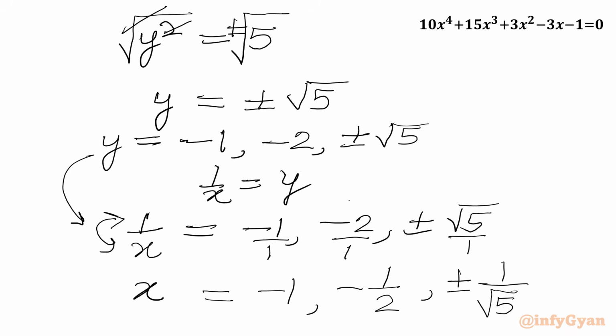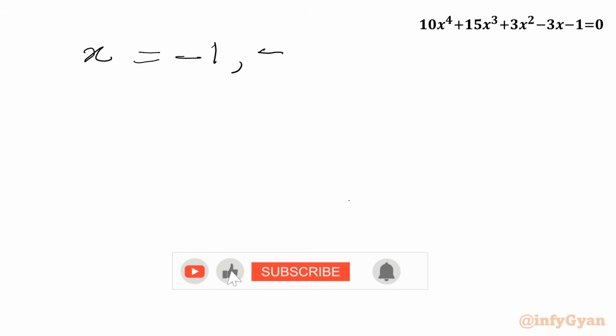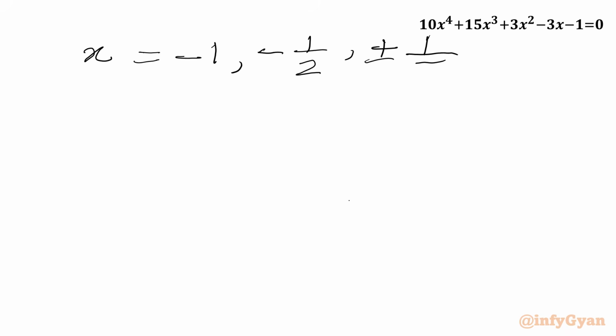Now we can rationalize over here. We will multiply numerator and denominator by square root 5. Let me write here x equal to minus 1, minus half, and plus minus 1 over square root 5. Let's rationalize the denominator square root 5.